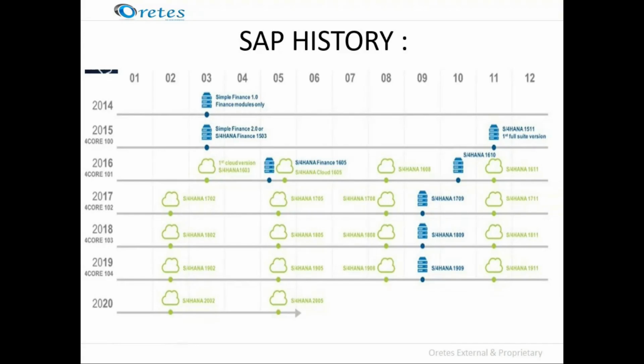So they are pushing people to use S4HANA, and they increased their processing with the introduction of the S4HANA concept. They call them four core concepts, and these were introduced in 2015. With time, by 2016, 17, and 18, they developed all the solutions on cloud. Cloud means the server is somewhere in SAP's data center. You put your application in that and use the application, and they provide all the security updates on that cloud.